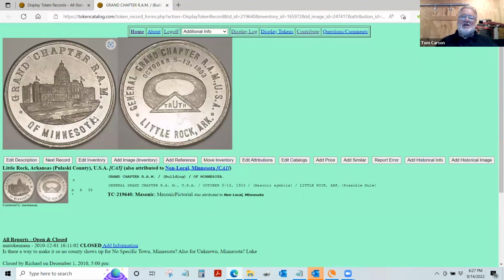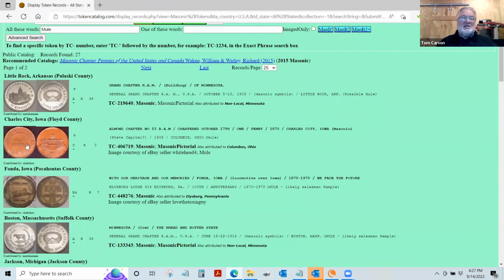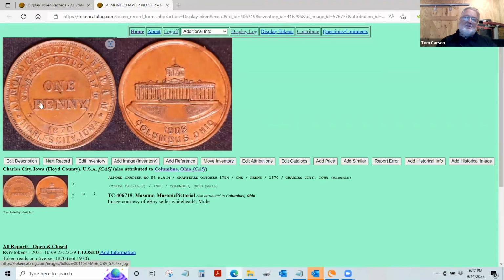Here we've got the Grand Chapter of Minnesota and the General Grand Chapter, Little Rock, Arkansas. This could have been for a meeting back in 1903, or it could be somebody just pulled 2 dies and did it. This is the Almond chapter out of Charles City, Iowa. And the back of it, I think this is the state capitol in Columbus, Ohio.